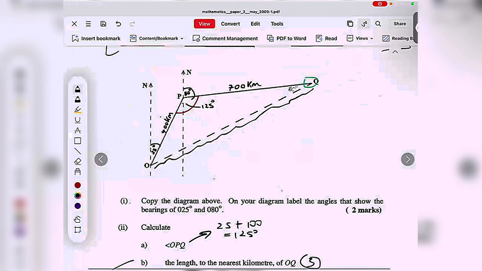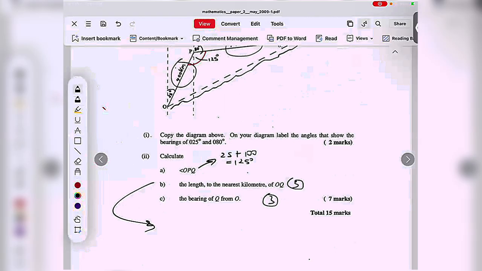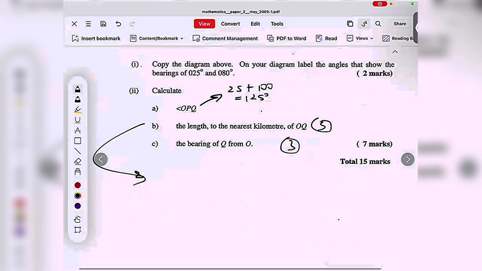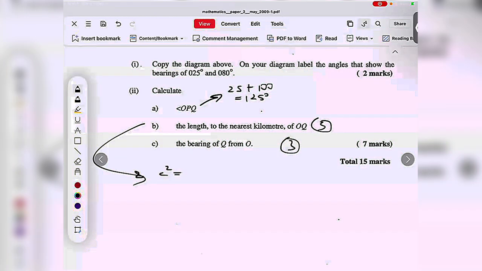You have two sides and the angle between, so cosine. The cosine rule is on your formula sheet: c squared is equal to a squared plus b squared minus 2ab times the cosine of angle theta.